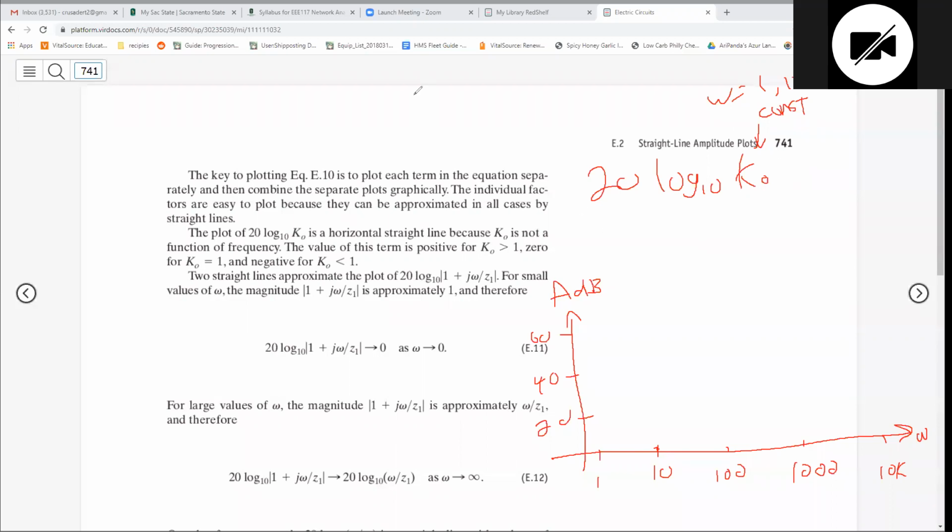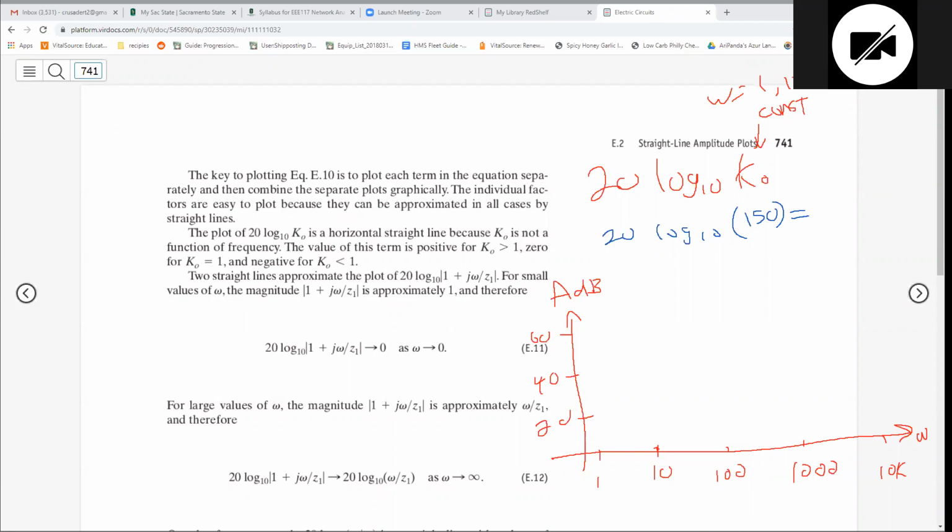We just have to figure out, let's say, and let me use a different color, we have 20 log 10 of, I don't know, 150. Well, what's that going to be? 150 is not an easy number, so we have to look it up. Open your calculator: 10 times log base 10 of 150.